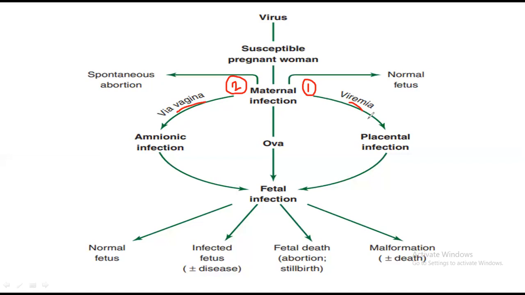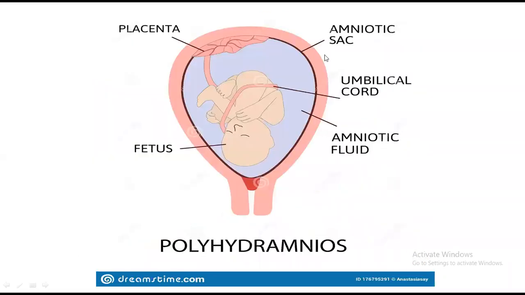So in viremia, placental infection can occur, but what happens when the virus enters the vagina? I will show you in a diagram. Just look here. Here is the amniotic sac. This is the vagina, and when the virus enters here, it will get entrance to the amniotic sac, the amniotic fluid.